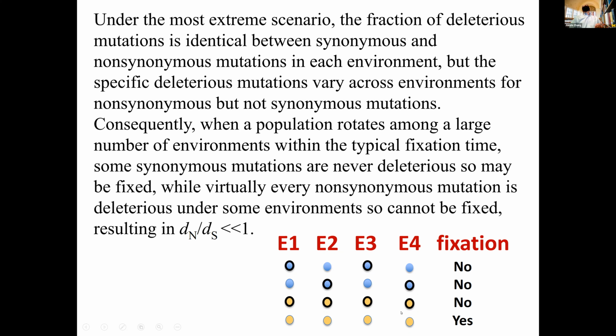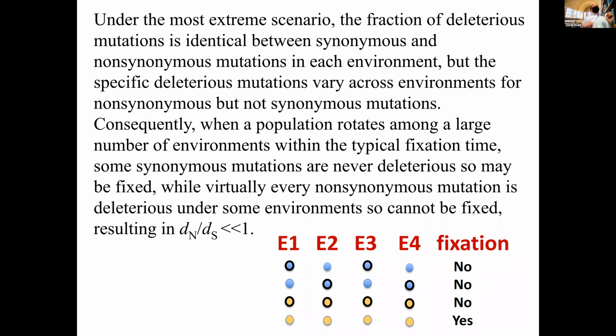But for synonymous mutations, if the effect is relatively constant, the same mutation is deleterious across environments or neutral across environments. Then both non-synonymous mutations will be purged by purifying selection, but this synonymous mutation can be fixed. So although in each environment you see 50% of non-synonymous and 50% of synonymous mutations deleterious, when you look at the 4 environments together, the dN/dS ratio could be smaller than 1.